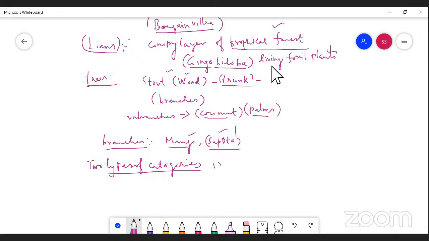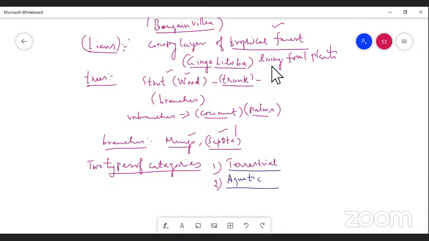The first one is terrestrial, and the second one is aquatic.